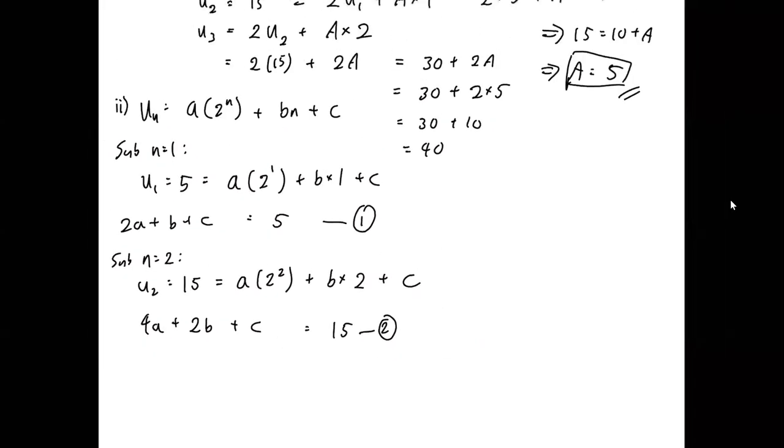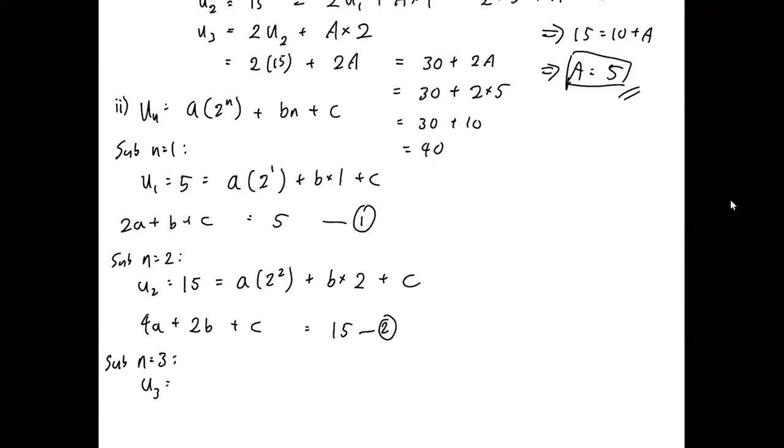Then you realize 3 unknowns. So you have 2 equations. Is it enough? Not enough. You need a third equation. 3 equations, 3 unknowns. 4 equations, 4 unknowns. 5 equations, 5 unknowns. Then you can solve for the variables, so you have a unique solution for each letter in the system of equations. So if you sub in n now this time with 3, what do you get?